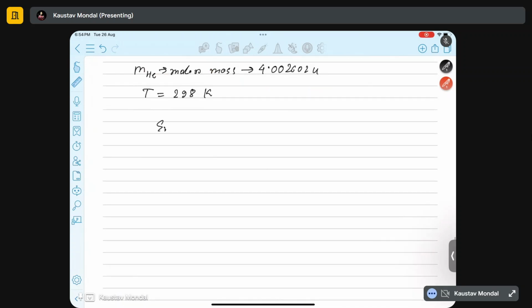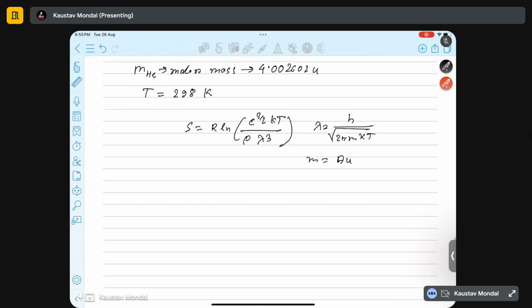So entropy S equals R ln of e to the power 5/2 kT by P lambda cubed, where lambda is h by root of 2 pi m kT. So here m is the mass, which is in atomic mass units. First let me write the mass in terms of kg.